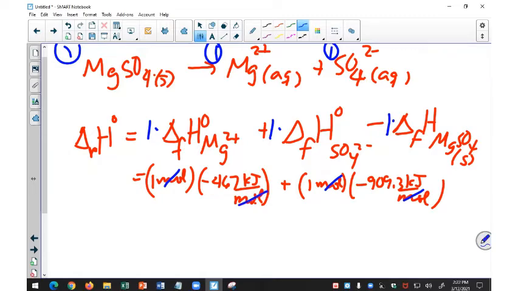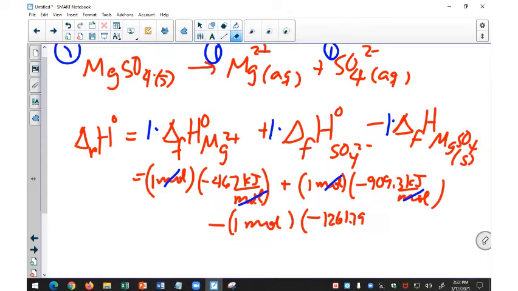And then minus the value for magnesium sulfate itself, 1 mole times, what is it for magnesium sulfate? 1261.79 kilojoules per mole. And so mole cancels out as well. So that gives you the delta H for this reaction.